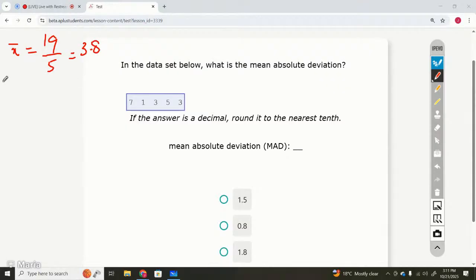Now you need to calculate the absolute values. So 7 minus 3.8 is 3.2.